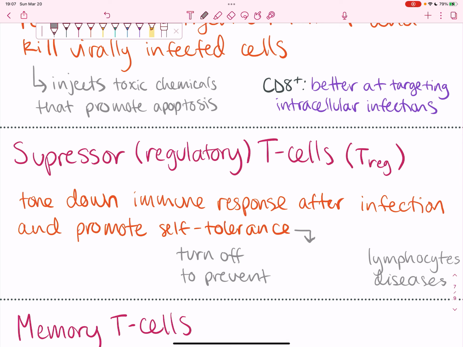They turn off self-reactive lymphocytes to prevent autoimmune diseases.